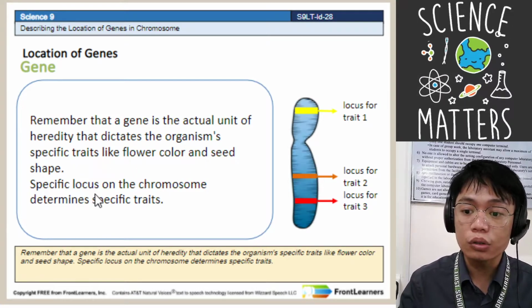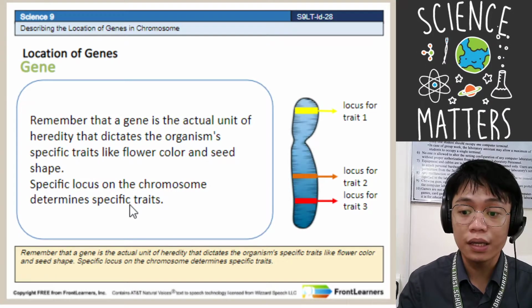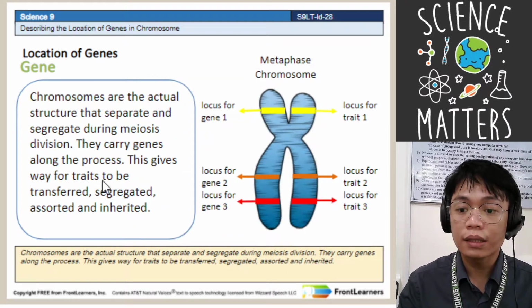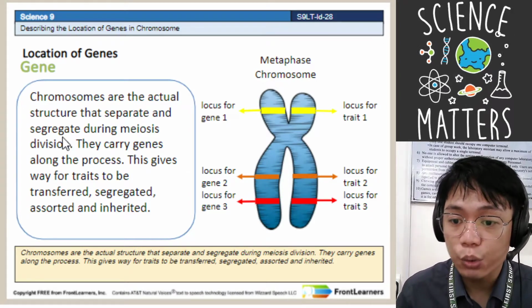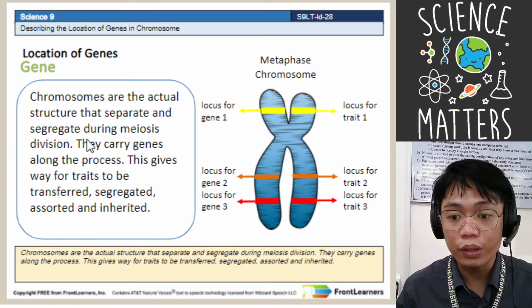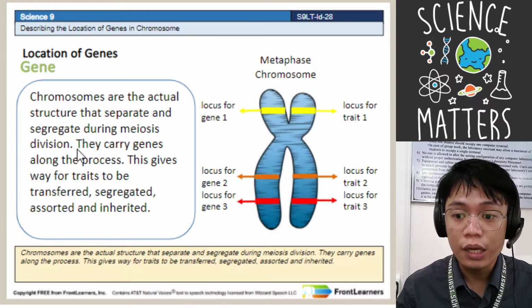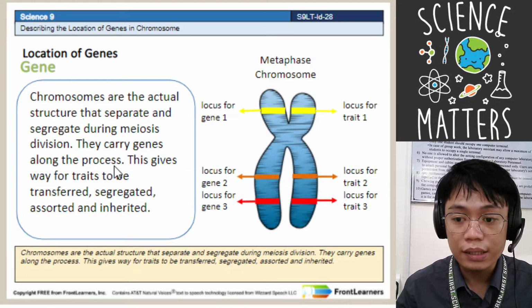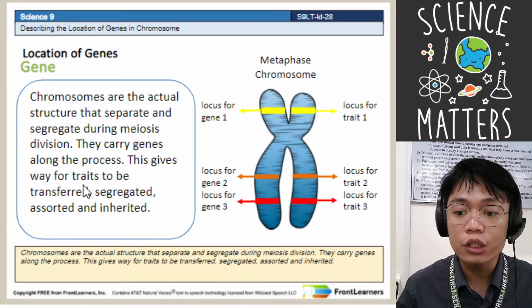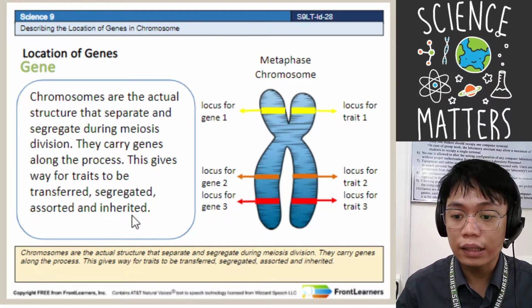A specific locus on the chromosome determines specific traits. Okay? Now, chromosomes are the actual structure that separate and segregate during meiosis division. They carry genes along the process and give way to traits to be transferred, segregated, and assorted inheritedly.